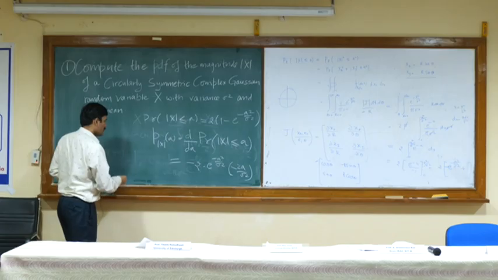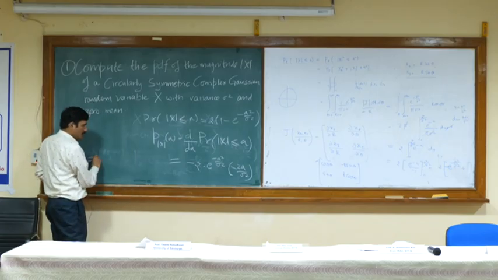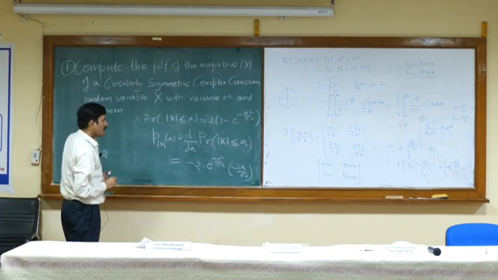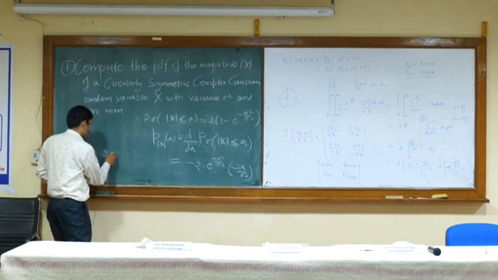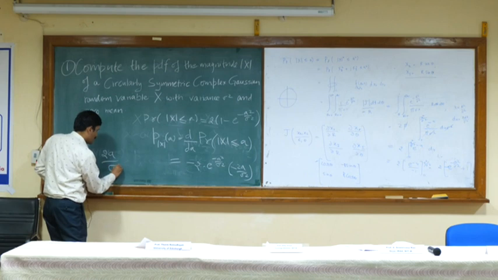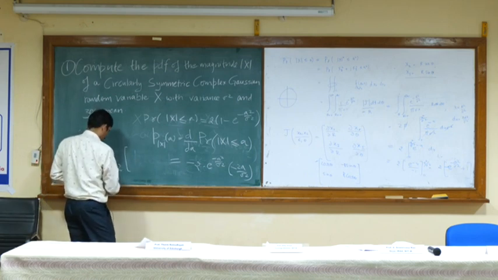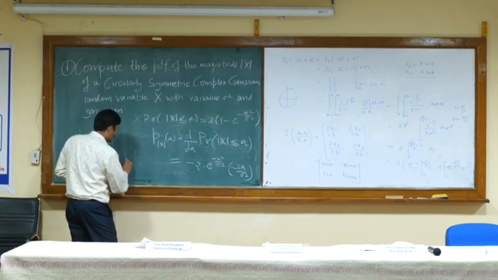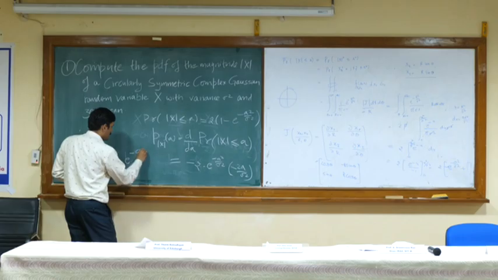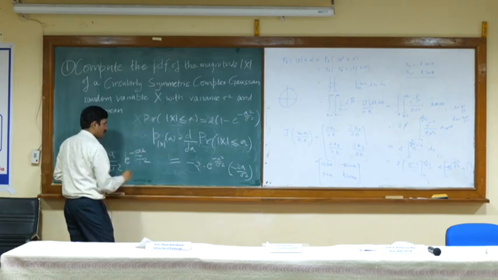So this comes out to be 2a divided by sigma square into 1 minus e to the power minus a square divided by sigma square.